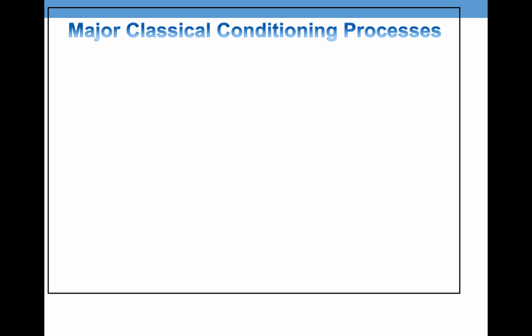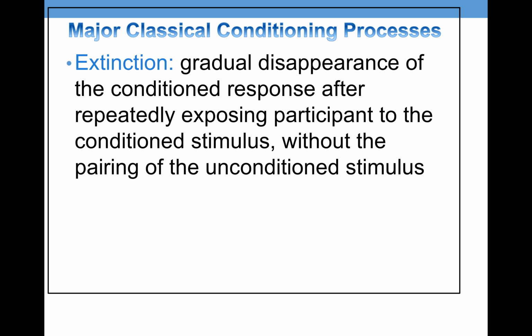So, some major classical conditioning processes. Extinction is a gradual disappearance of the conditioned response after repeatedly exposing the participant to the conditioned stimulus without the pairing of the unconditioned response.